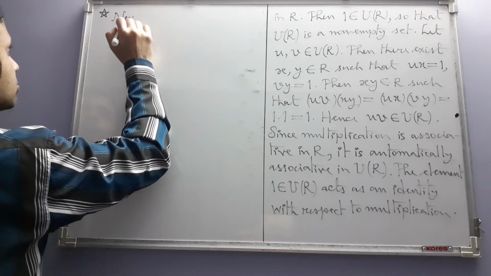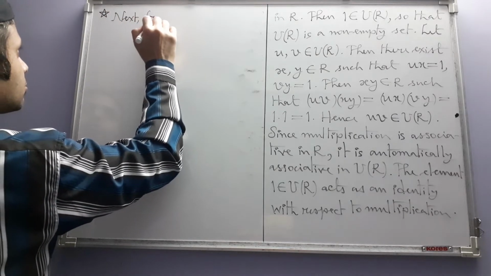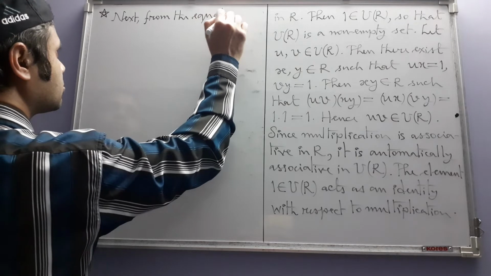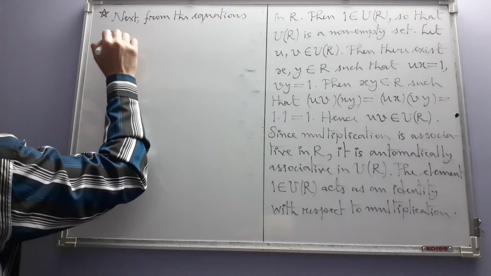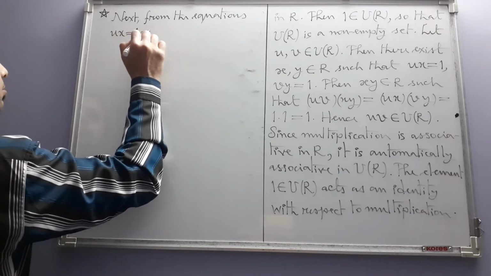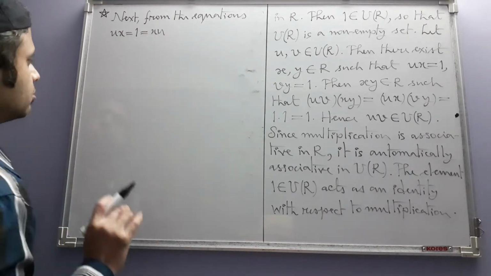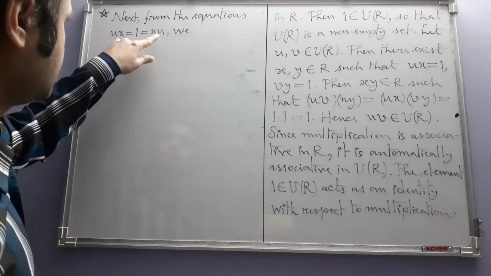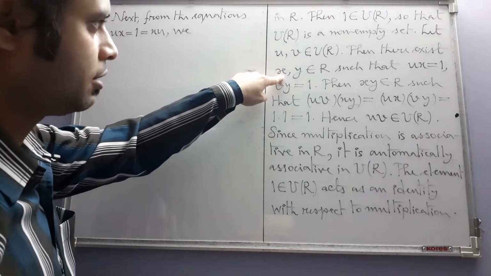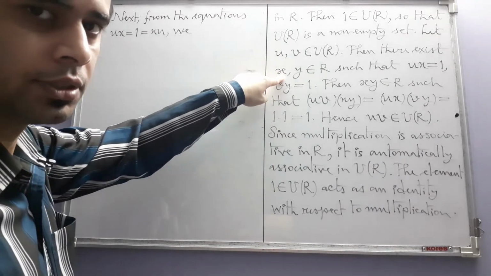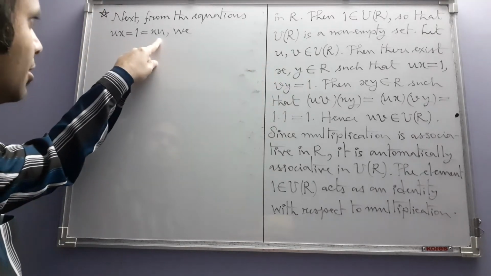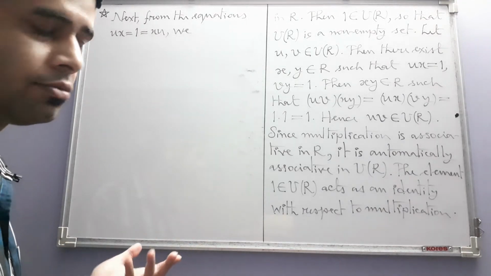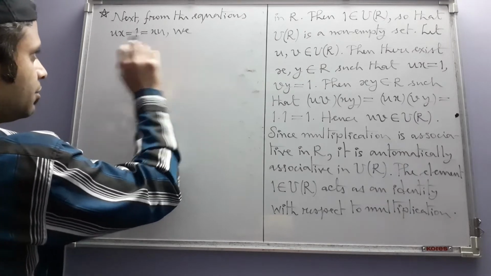Next, from the equations ux equal to 1 equal to xu, let's write xu for once. We are getting these equations from the fact that x is the inverse of u. But the same equations also tell us that u is the inverse of x, and in fact x is invertible. X has a multiplicative inverse which is u.